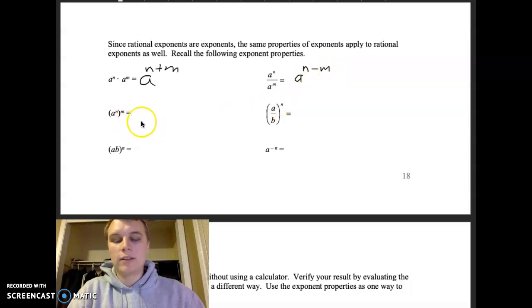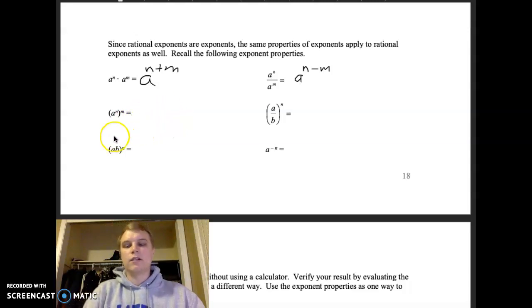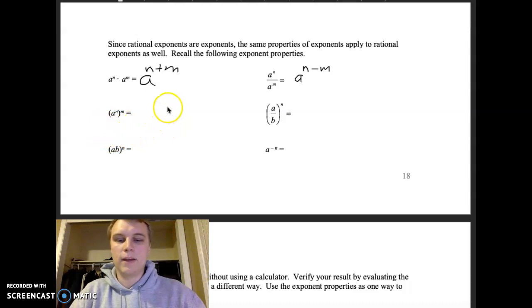Now we've talked about this a lot today, but when we have an exponential expression raised to an exponent, those exponents are going to multiply together. So it's going to be a to the n times m.